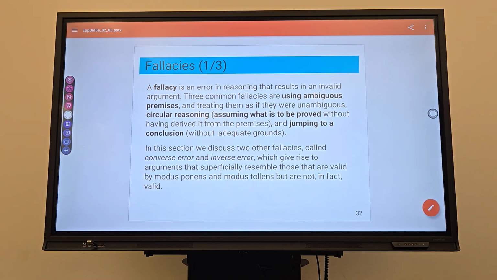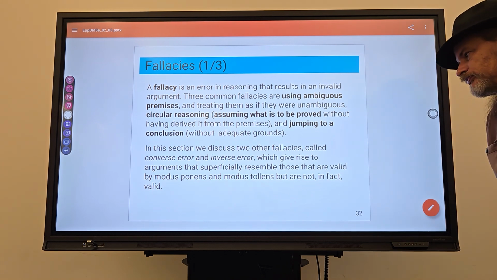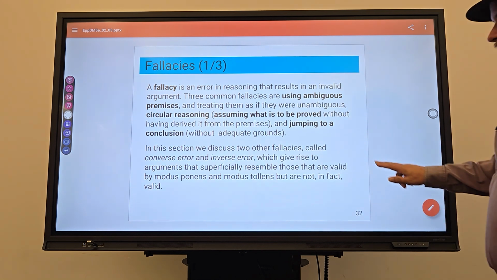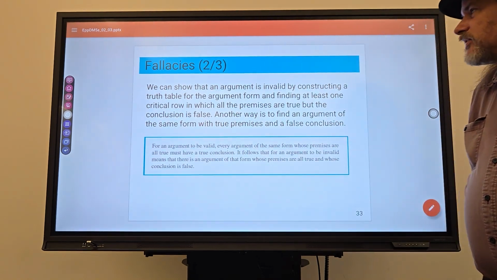Two other fallacies are converse error and inverse error. They superficially resemble those valid arguments by modus ponens and modus tollens, but they are not, in fact, valid. So watch out for these.